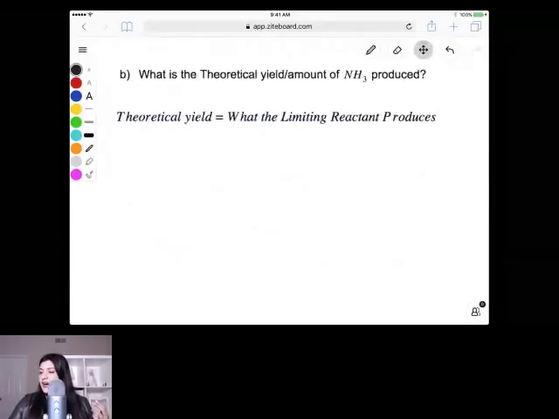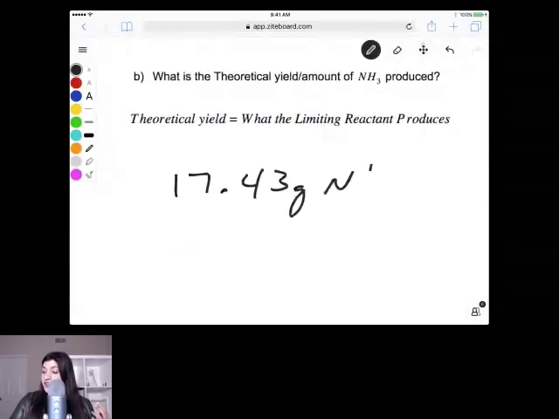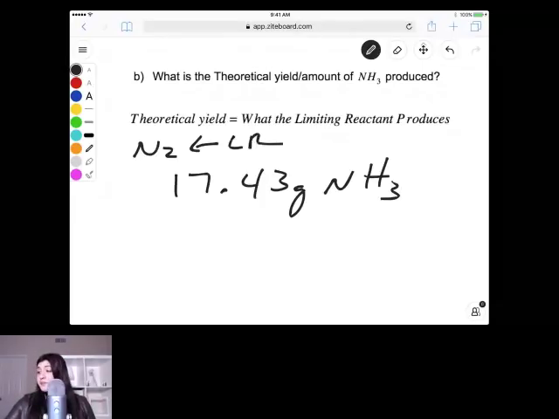That would have been 17.43 grams of NH3. And that was just what nitrogen produced. Okay, that's what we found. So this was our LR, or limiting reactant, and it produced 17.43 grams of NH3. That's our theoretical yield.